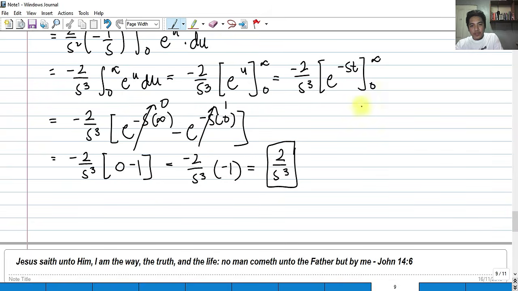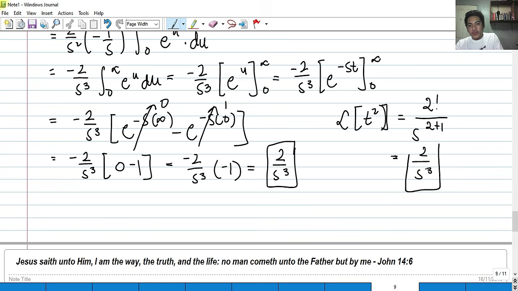And if we apply this to our t squared, Laplace transform of t squared, our n here is 2, that would be 2 factorial over s raised to 2 plus 1. So 2 factorial is 2 over s raised to 2 plus 1 is s cubed. So this is the answer.